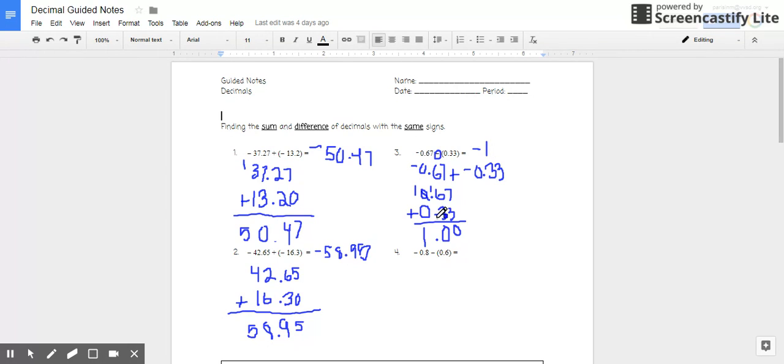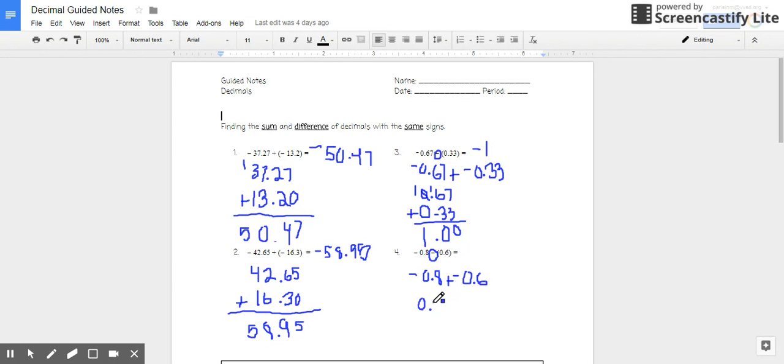Okay, number 4. Again, let's change it to an addition problem. So we have negative 8/10. We want an addition problem. Subtraction right here means taking the opposite of 6/10. The opposite of 6/10 is negative 6/10. So I notice we have same signs. Same signs means to add.